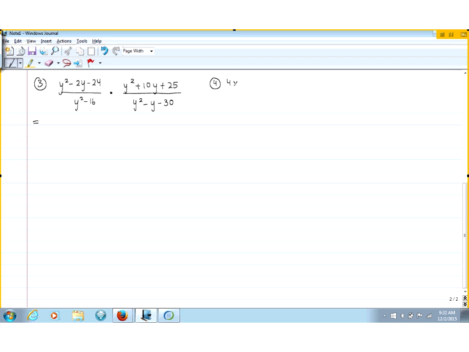This is probably a lot. 4x squared minus 1 divided by 3x minus 15, multiply by 4x squared minus 17x minus 15 over 4x squared minus 9x minus 9, times 3x minus 3 divided by x squared minus 9. Alright. Okay, you guys try it, please?